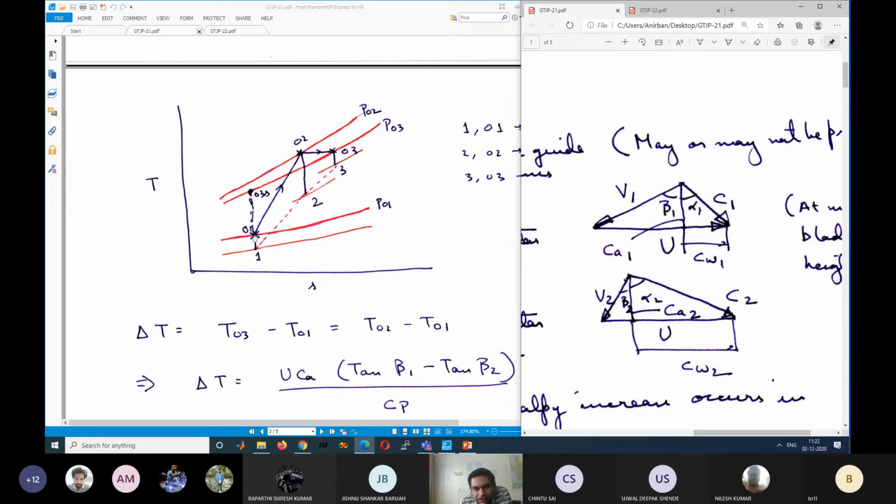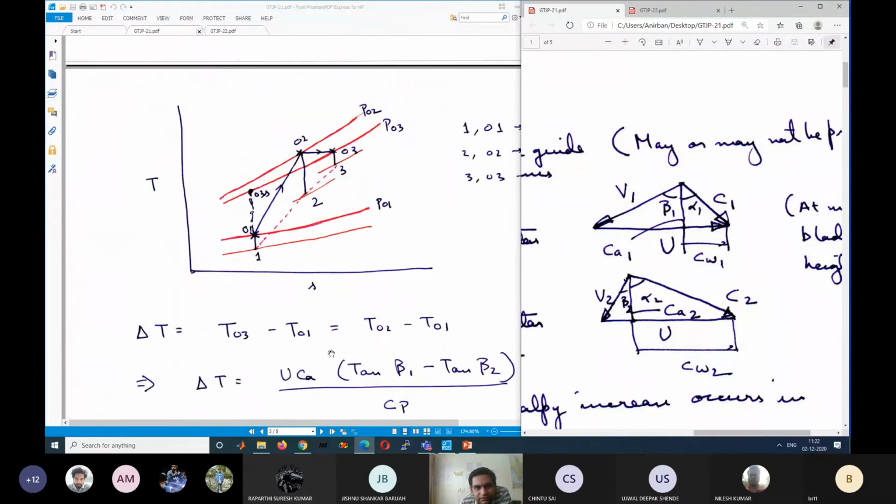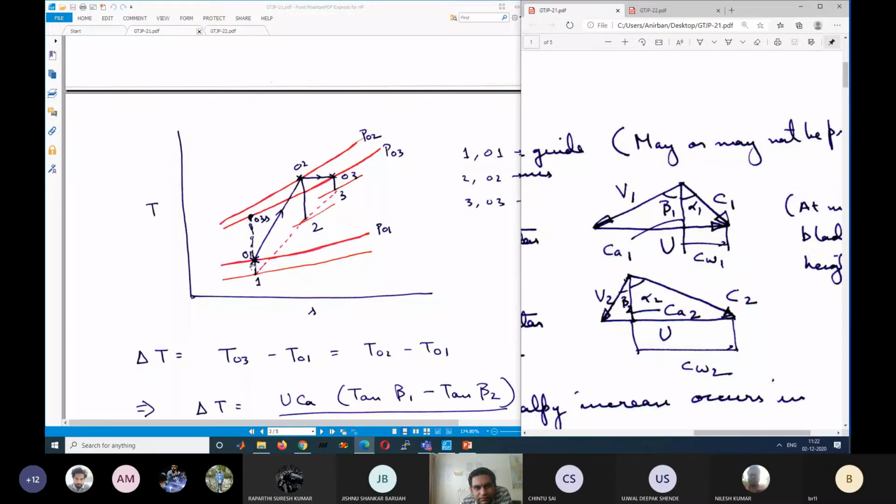So T01 minus T1 is equal to C1 square by 2Cp, where C1 is the actual velocity at the rotor inlet. Is it clear to everyone? Or is there any confusion?